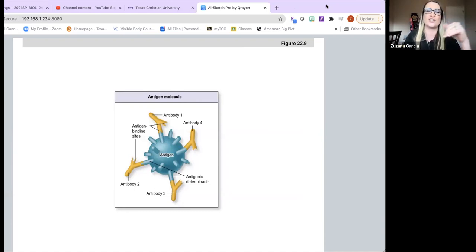I saw, whenever I was grading your blood labs, that a lot of people were saying antigen is a foreign body, which in a lot of cases it is, but we also have self-antigens. So in the case of blood typing, the antigens of that person's blood type are actually not foreign. They're on your own erythrocytes, so they're your own.